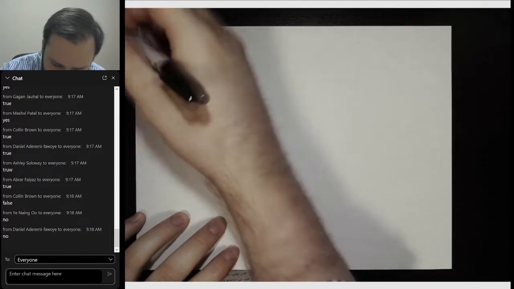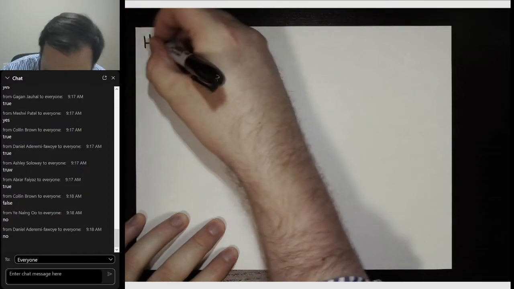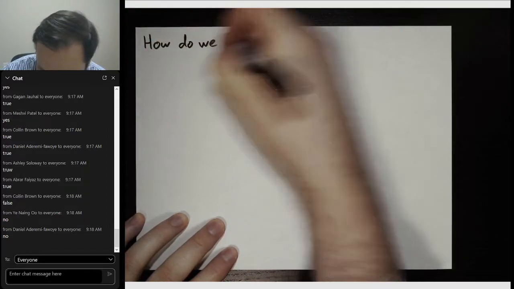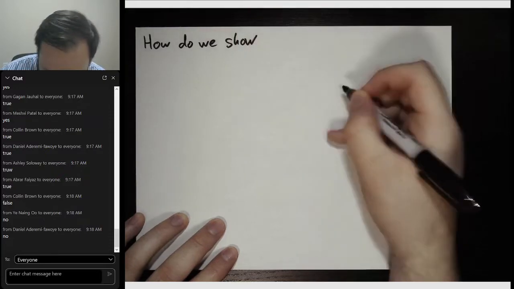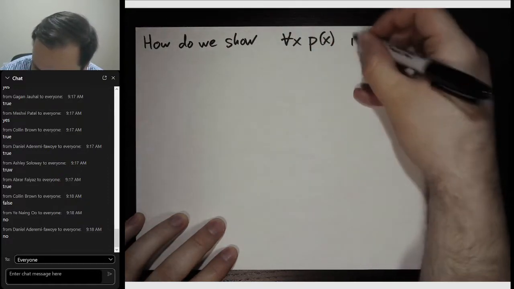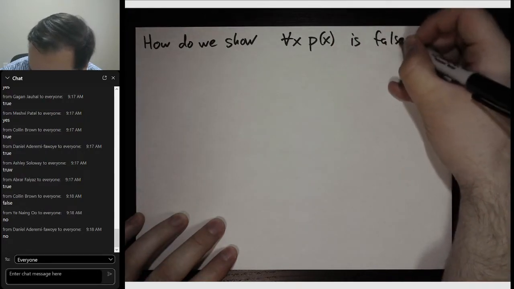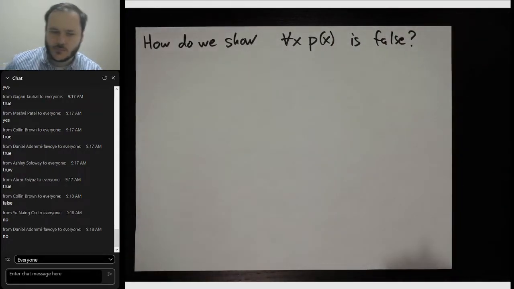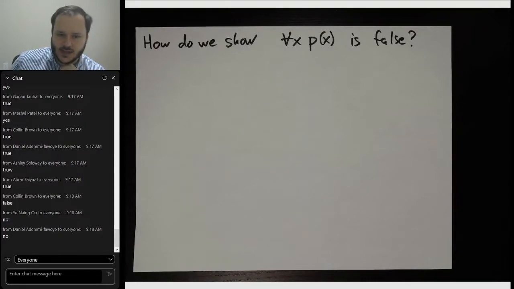So, how do we show that a statement like for all x, P of x is false? You've got a statement that said for all x, P of x, and you didn't think it was true.